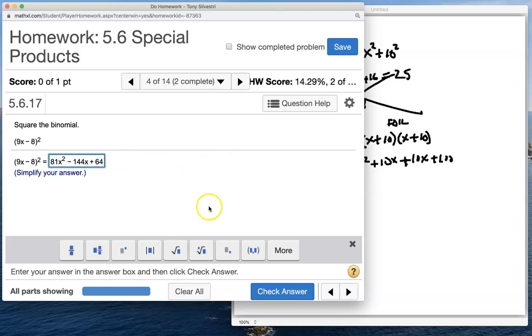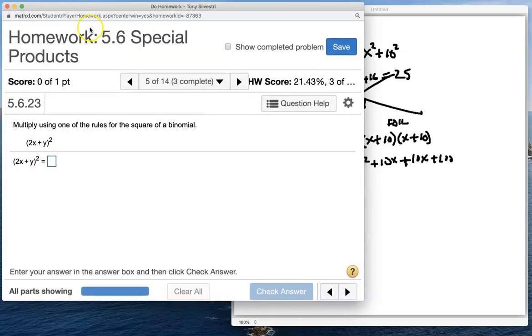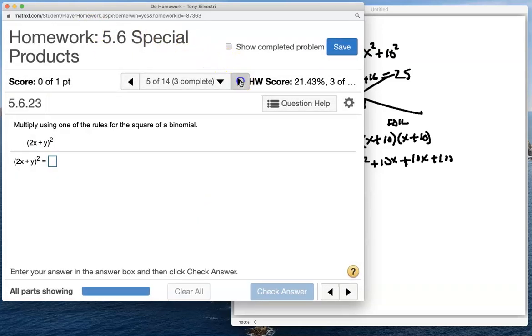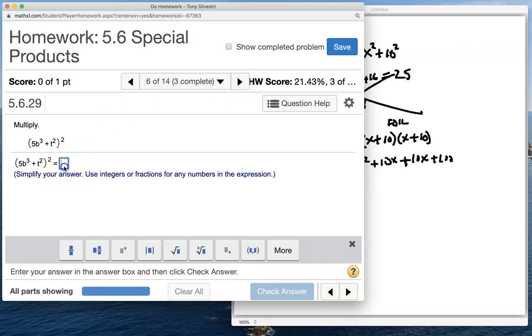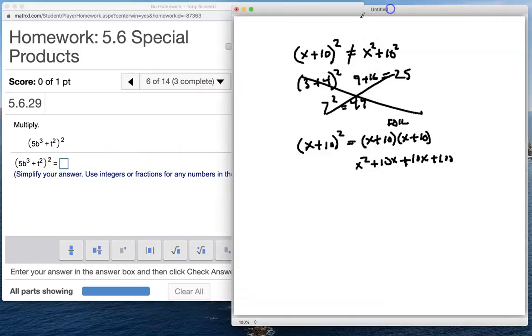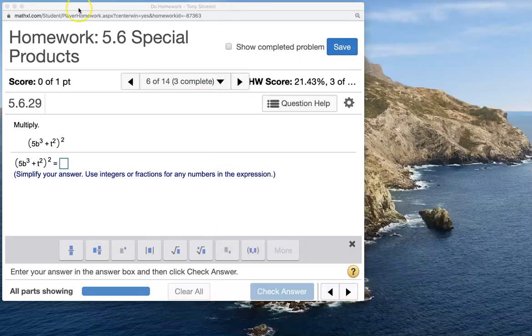Okay. Check my answer. Fantastic work. Nice work. I'll let you do this one. It's the same stuff. I'll do this one, because it's a little harder. And so what I'm going to do is, I might even do it over here. Let me clear this here. Don't save. File, new.